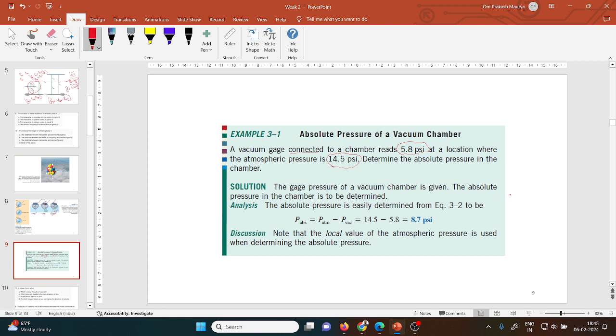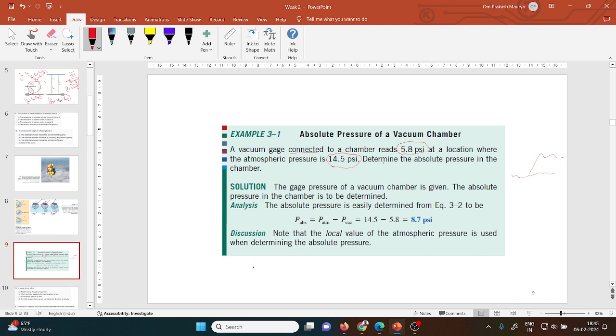Atmospheric pressure will vary from location to location always, because the earth's surface is not flat everywhere; somewhere there is a mountain, so atmospheric pressure varies from location to location.